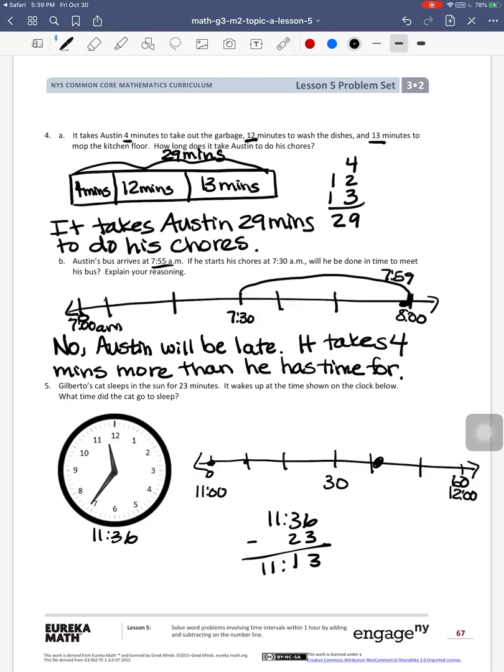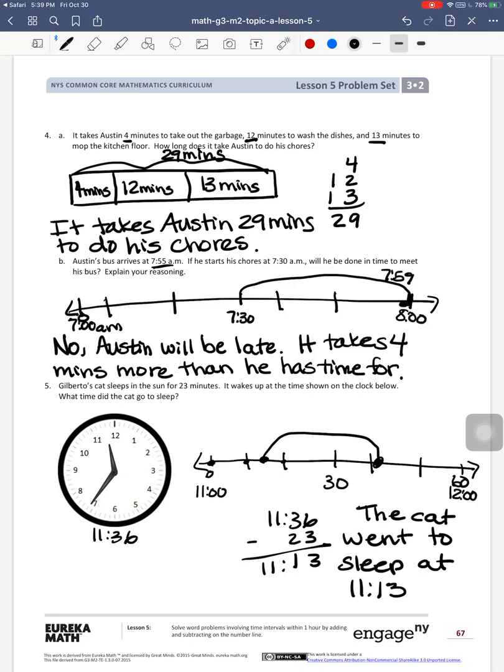This would be 11:10. And here's 11:20. So 11:13 is going to be right in between here. So right here. So the cat went to sleep at 11:13. So we could say sleep, wake up.